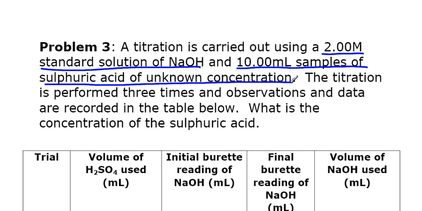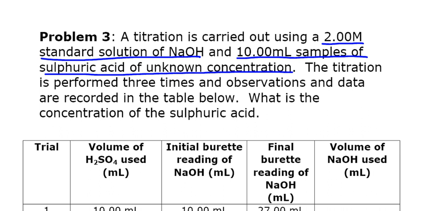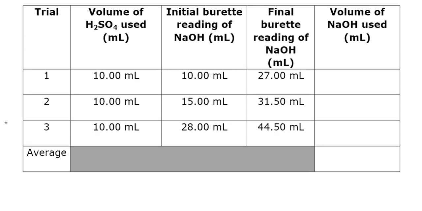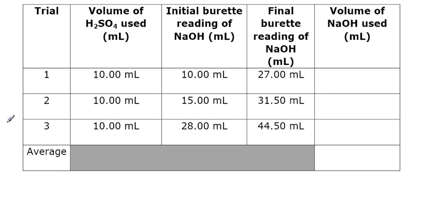The titration is performed 3 different times, and observation and data are recorded in the table below. And we want to find out what's the concentration of the sulfuric acid. So let's take a look at the data table together, and we'll see if we can break this down.